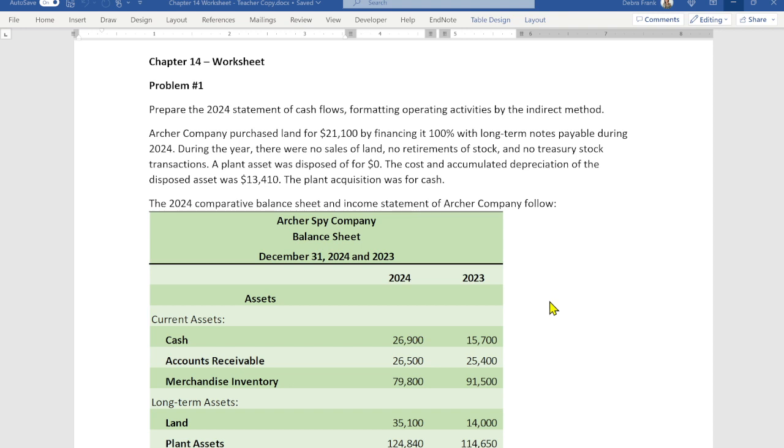And then during the year, there were no sales of land, no retirement of stock, no treasury stock transactions, and plant assets was disposed of for $0. And the cost and accumulated depreciation of that disposed asset was 13,410, which we'll need in a little bit. And then the plant asset acquisition was for cash. So some important info in the beginning that we'll have to refer back to.